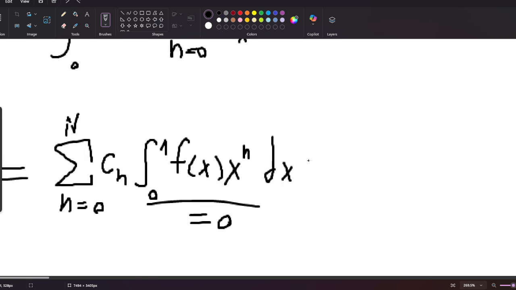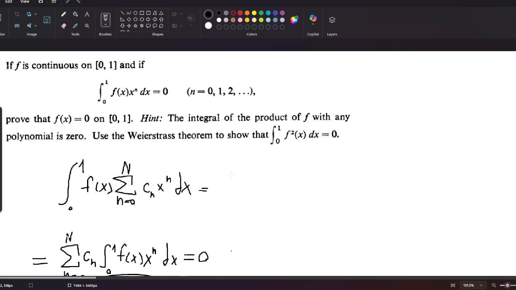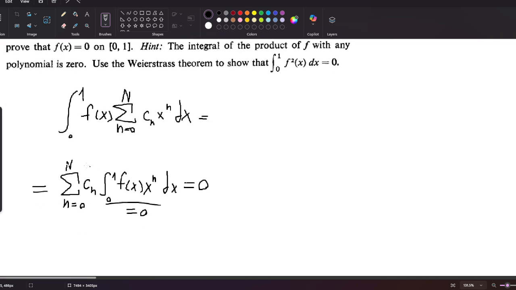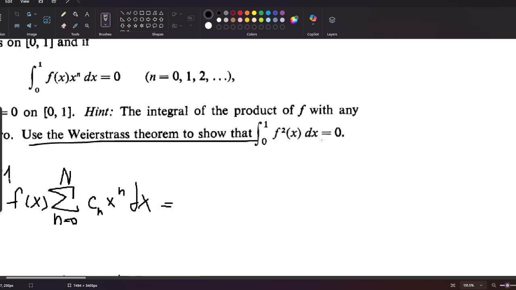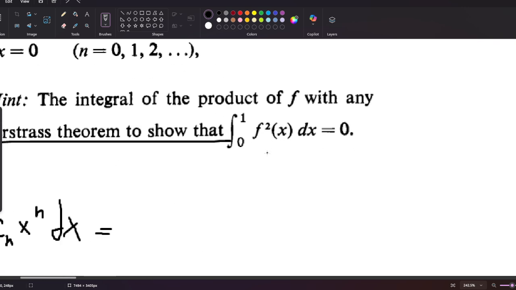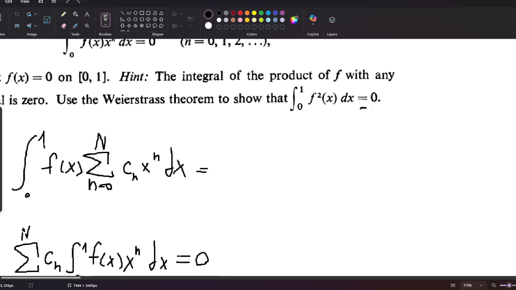So there's going to be a sum of zeros, which is going to be equal to 0. So we have proven that the product of f of x with any polynomial is going to be 0 if we integrate from 0 to 1. So now we can use Weierstrass theorem to show that the integral from 0 to 1 of f squared of x is going to result in 0.